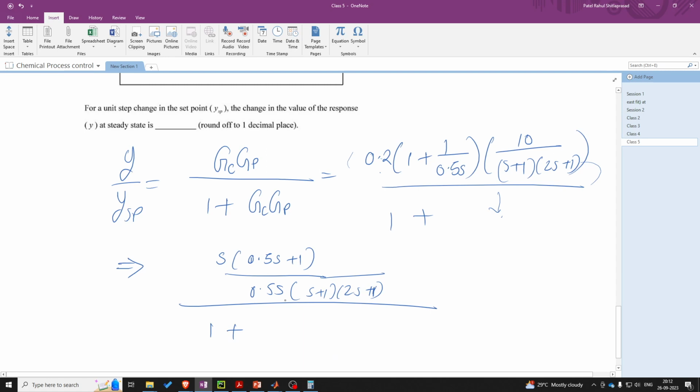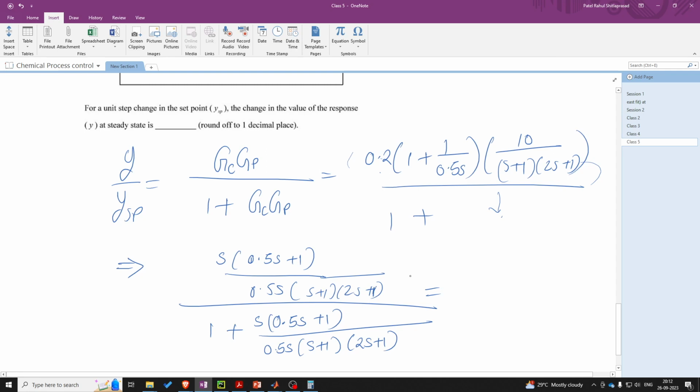that is, s into (0.5s plus 1) upon 0.5s into (s plus 1)(2s plus 1).